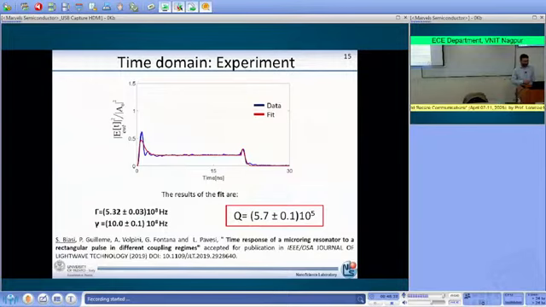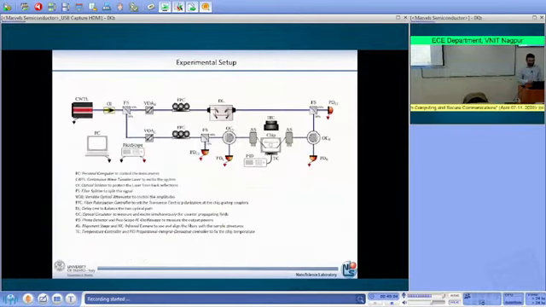By modeling the experiment, you can also compute the value of the capital gamma and the small gamma. So you know the rate at which the coupling happens and the rate at which the losses happen in this microring resonator. So this is about the physics of the microring resonator.